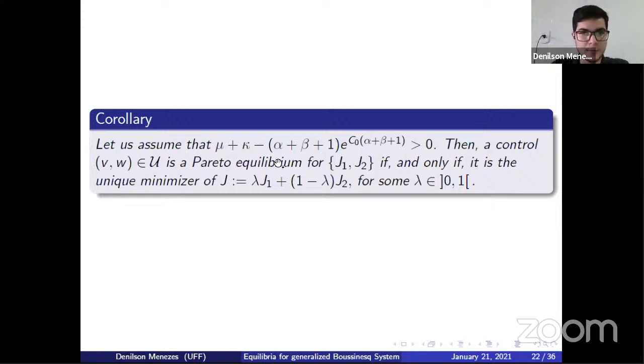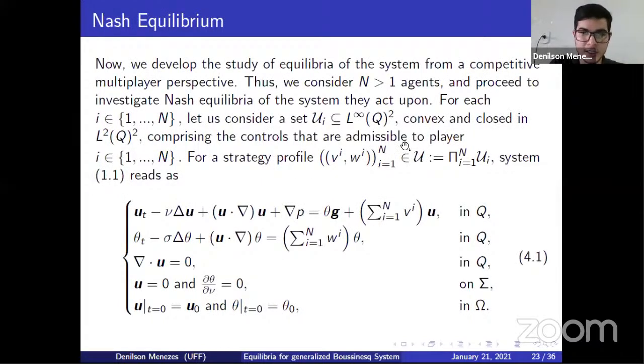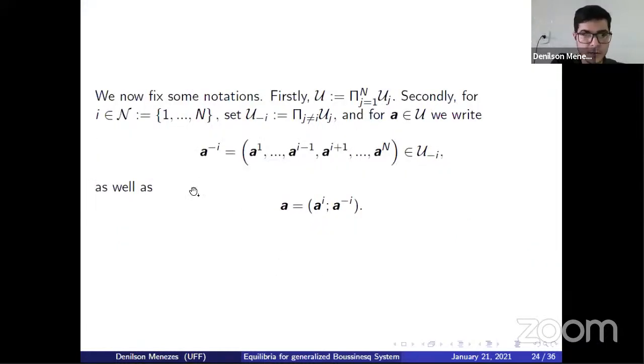Now in the Nash equilibria, we consider n agents. Each one has a functional Ji and a strategic profile Vi or Wi, i from 1 to n. And the system that we consider is this one. Before I continue, I present some notation.